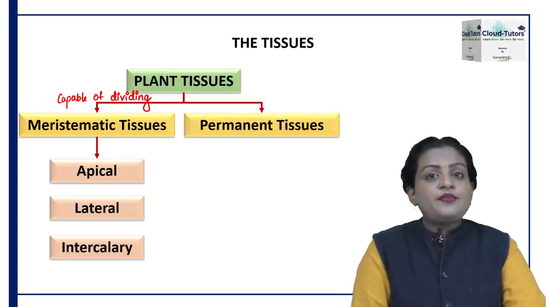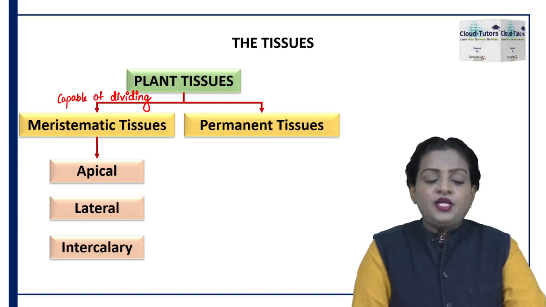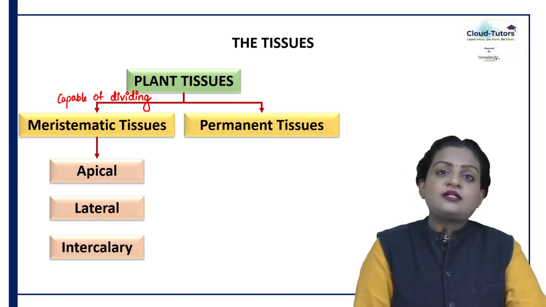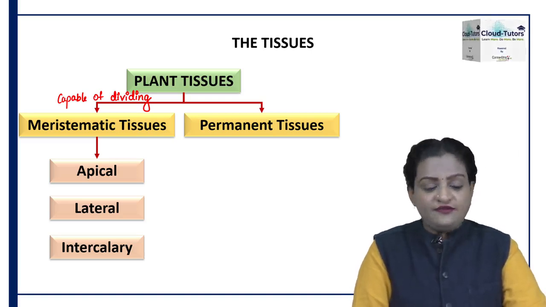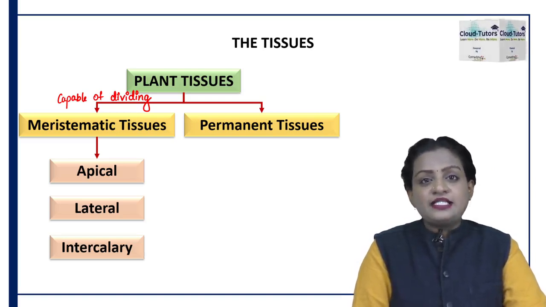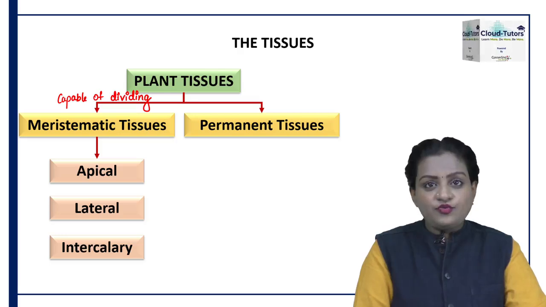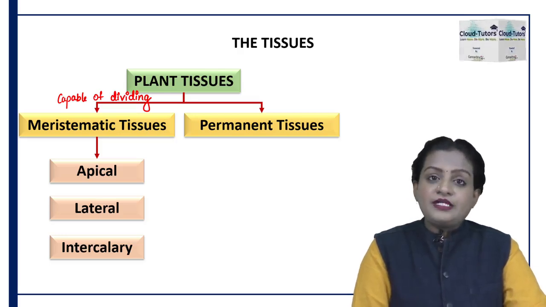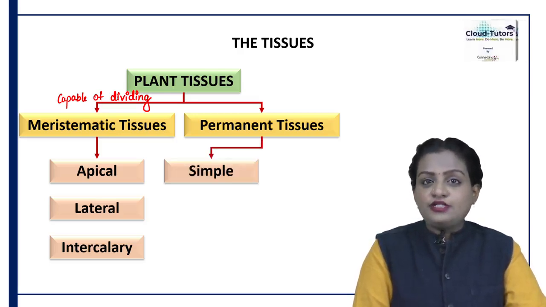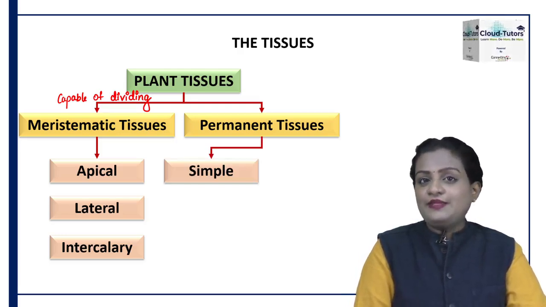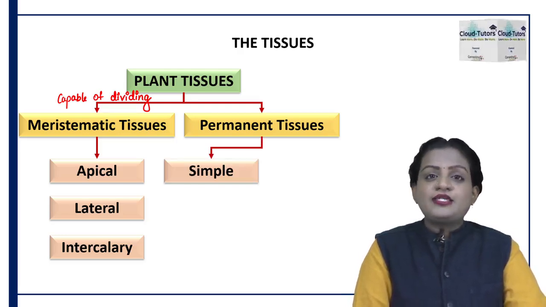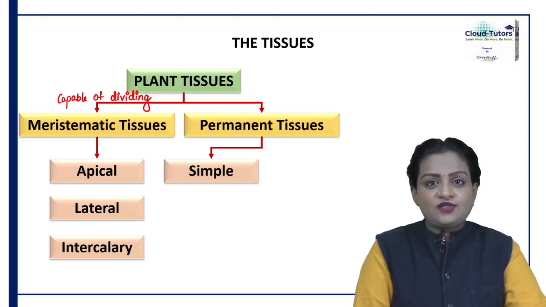The second group is called permanent tissue. Permanent tissue does not have the ability to divide. That is, they have arrested their cell division phase, and they have a particular function to be performed. Permanent tissue can be further divided into two groups. One is simple permanent tissue, based on the structure. They are very simple in structure.